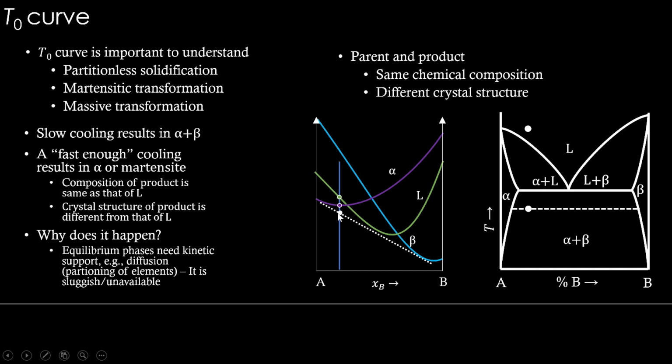So, if the liquid cannot reach this Gibbs energy because alpha-beta nucleation at these compositions is not possible, therefore the entire liquid transforms to this alpha, which has lower Gibbs energy compared to the liquid and an entirely different crystal structure. So this is energetically favorable, therefore this alpha phase can form.